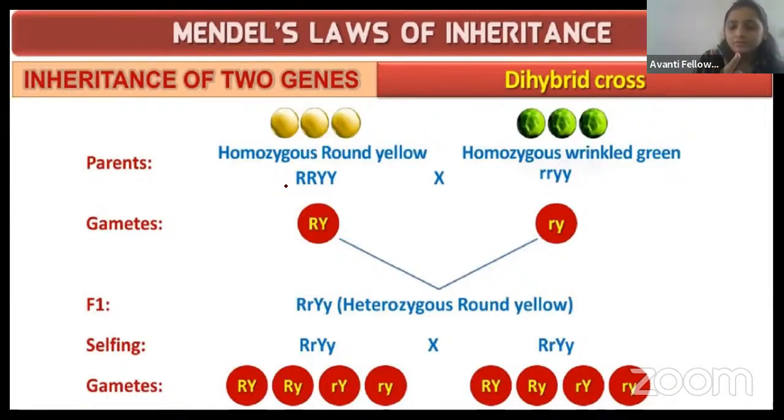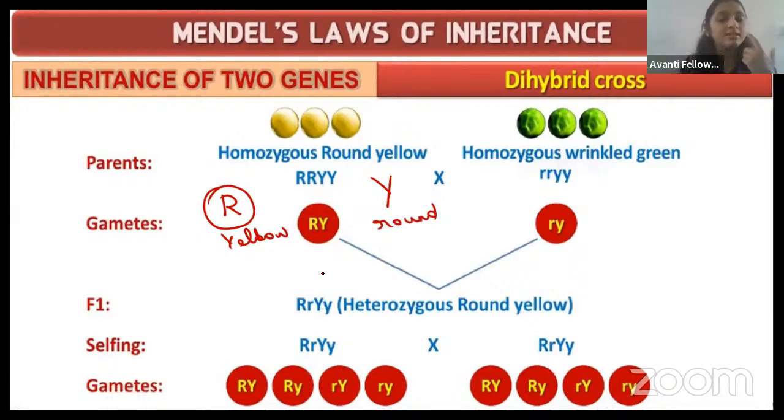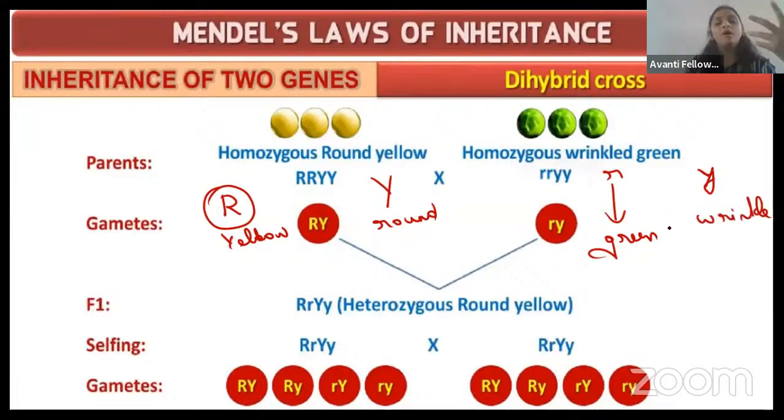One gene is for the color and another gene is for the shape. So capital R is for the yellow color, and small r shows the green color. Capital Y is dominant, which shows that it is round, and small y tells that the shape is wrinkled.